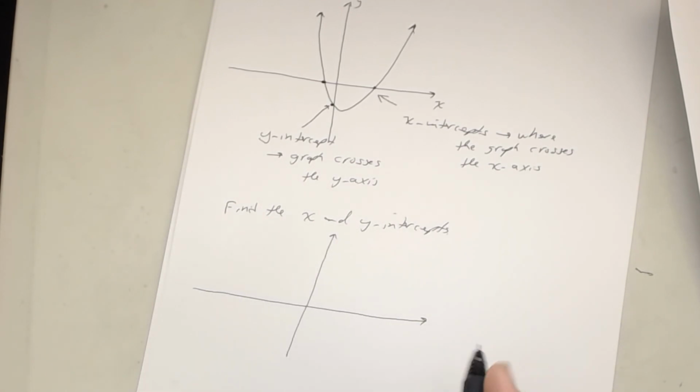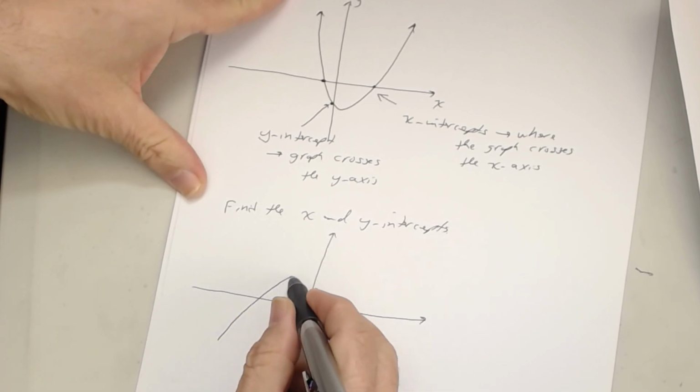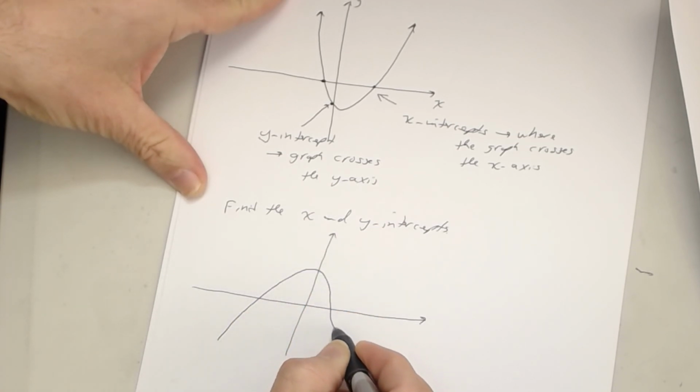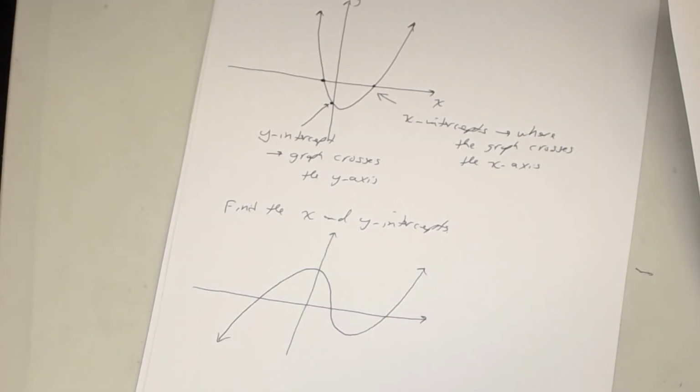And draw this. So you have your x and y axis. And let's suppose that you had a graph that looked like this. Now, you're going to see something like this in college algebra. So that will be a cubic equation. When you get to college algebra, you have to graph this.